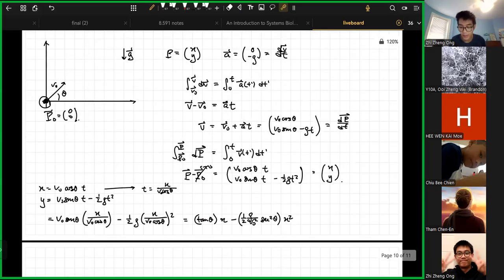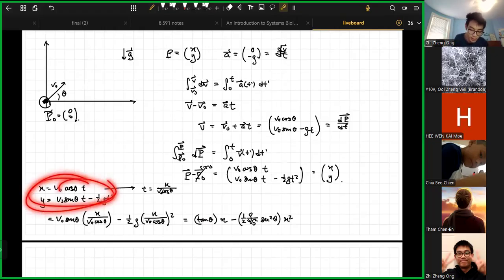Just like just now, given one v naught, one theta, one t, and one g, you can know where the point will be.